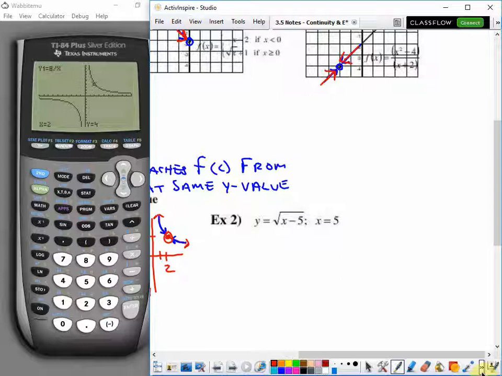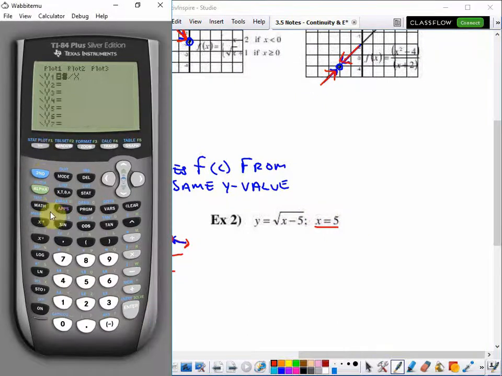The next example, we need to graph y equals the square root of x minus 5 and check for continuity at the x value x equals 5. So y equals, and we'll clear out what's there. We want the square root of x minus 5 and graph. Okay, so that's what our graph looks like.